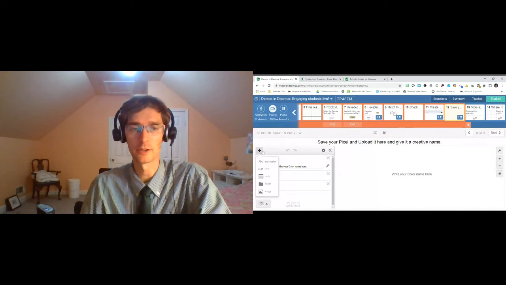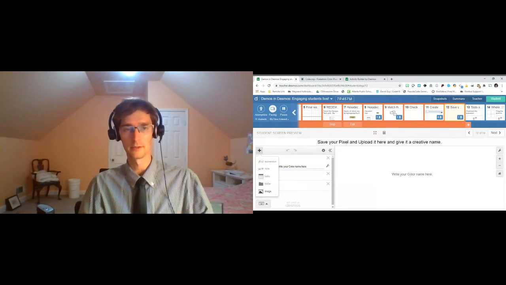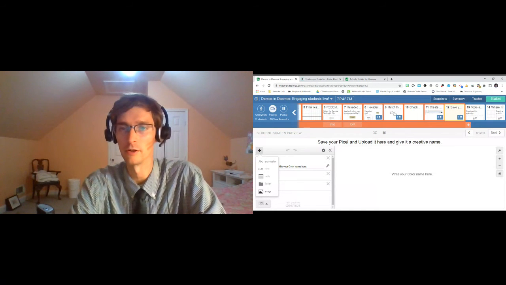So if you want to add your image, you got to push the plus sign, image. And then if you want to change your color name, you just type over what's written there already.